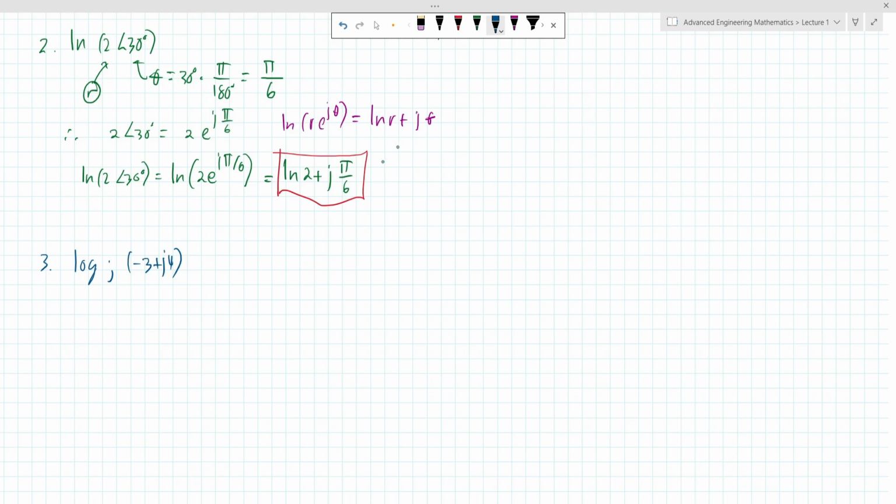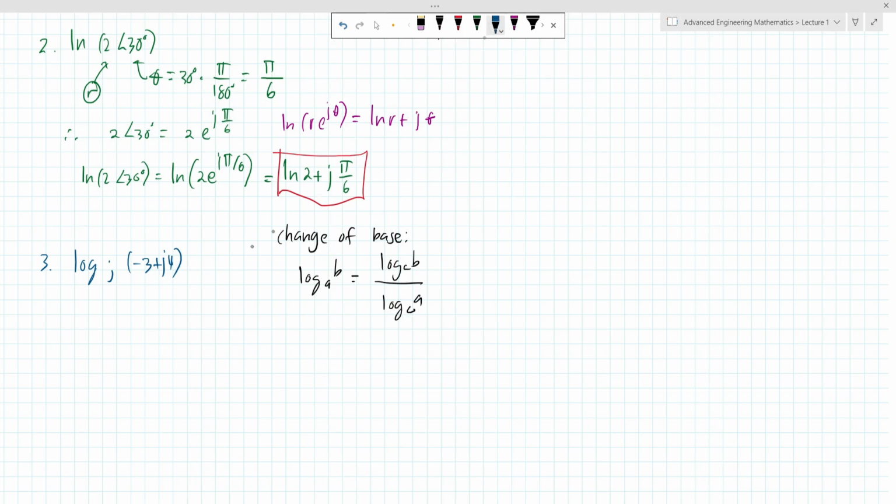In logarithm we have the so-called change of base. For example, we have log of b to the base a, and we want to introduce another base, let's say c. This can be written as the log of b to the base c over the log of a to the base c.